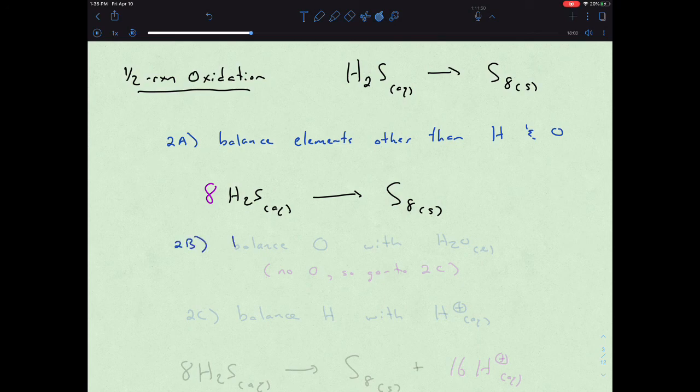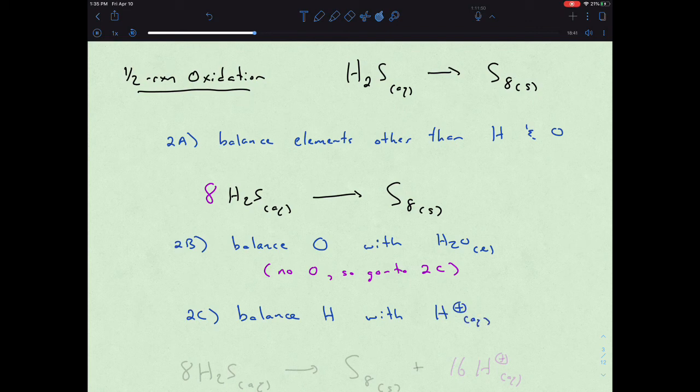Step 2B, we balance oxygen with H2O. Right, in this case, there is no oxygen. So we go to the next step, or 2C. And so we want to balance now our hydrogen with protons.